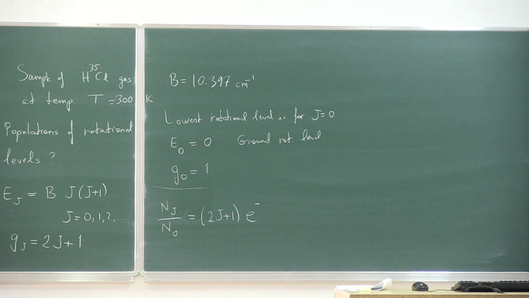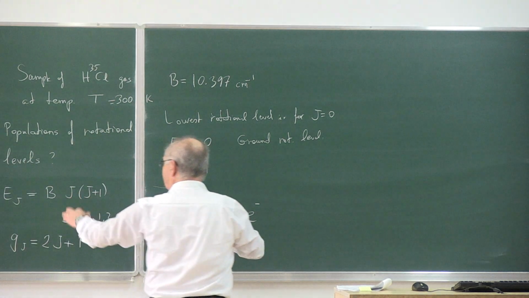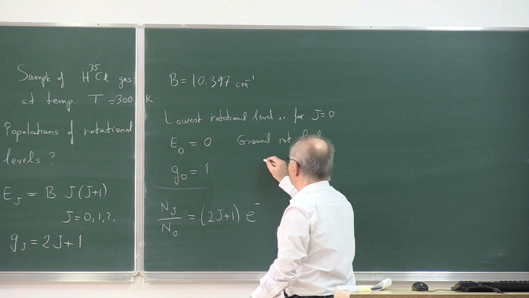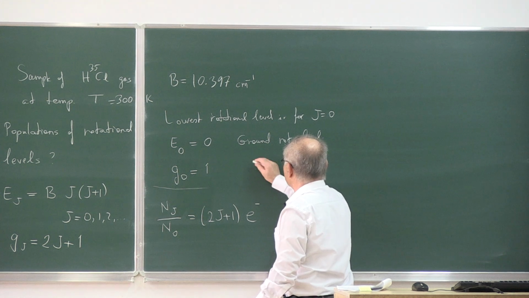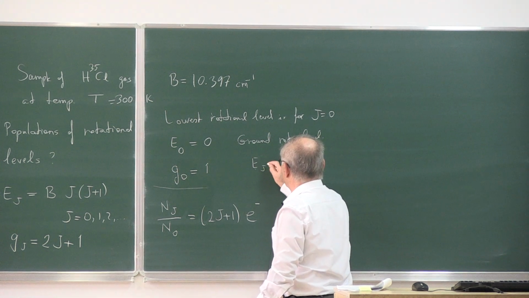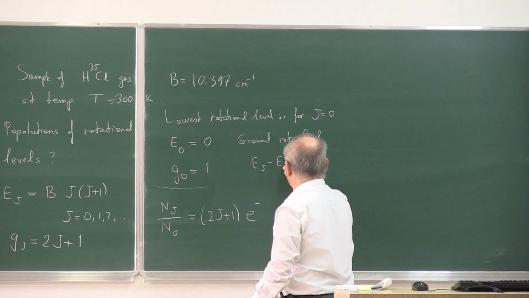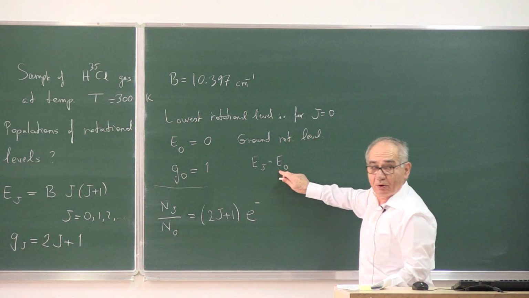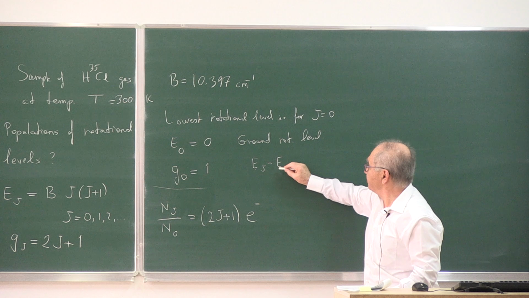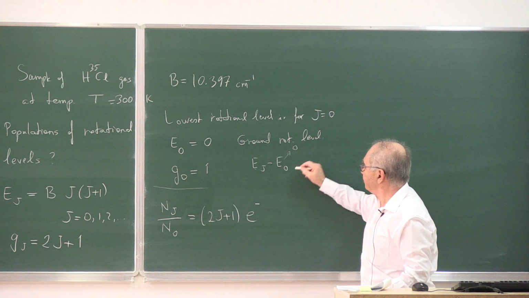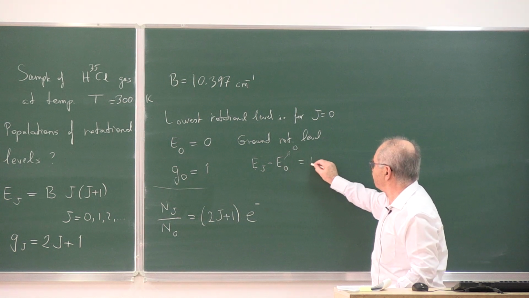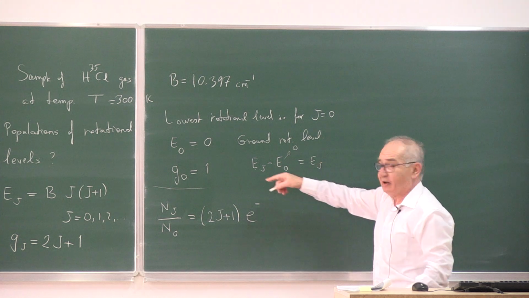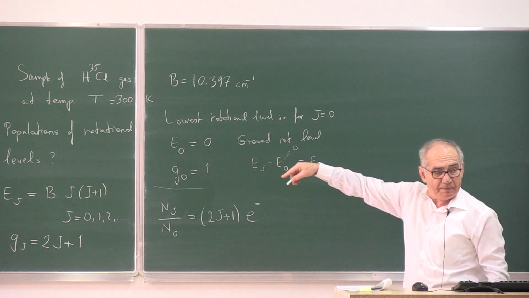this term here. That term, when we translate it to our rotational energy symbols, is E_J minus E_0. This is the lowest level, but E_0 is 0. So we have just E_J with this notation.